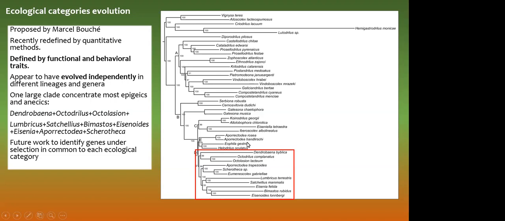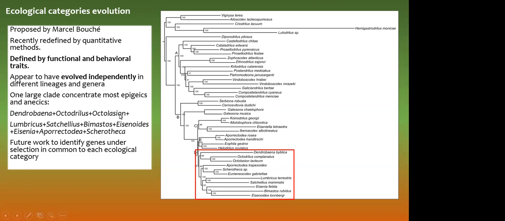But one large clade that we can see here in that AHE3 concentrates most of the epigeics and anecics. Of all the epigeic and anecic species, pretty much all of them are here, which is very interesting. In Dendrobaena, Octodrilus, Octolasion, Lumbricus, Satchellius, Bimastos, Eiseniella, Eisenia, Aporrectodea, and Scherotheca.